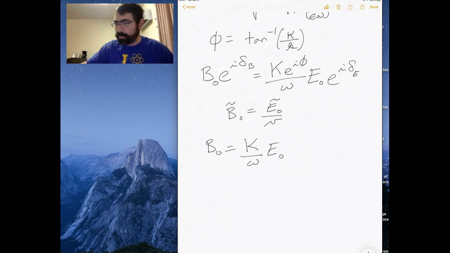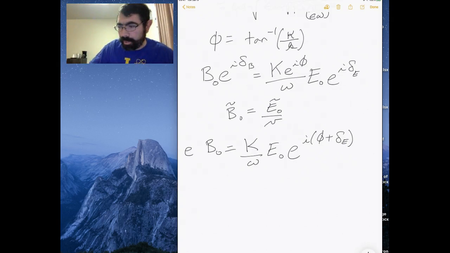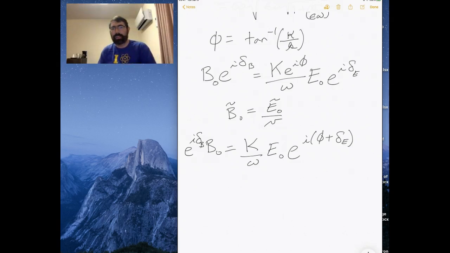And then we have e to the i phi plus the complex part of the electric field amplitude. Now, don't forget, there is a complex part to the magnetic field's amplitude. And so you can equate the real parts and the complex parts.